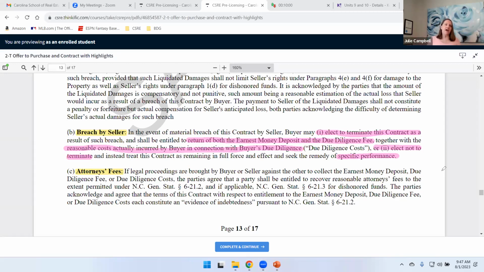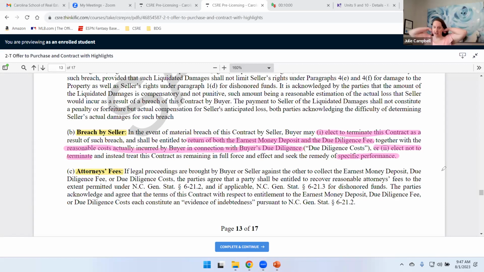And if they can't do that, or they walk away, or they wake up one day and decide not to sell, they are in breach. And again, your buyer's going to call you and say, what do I do? You've got choices. You either terminate and get your monies, or you stay under contract and go after the seller for specific performance. This is up to the buyer.